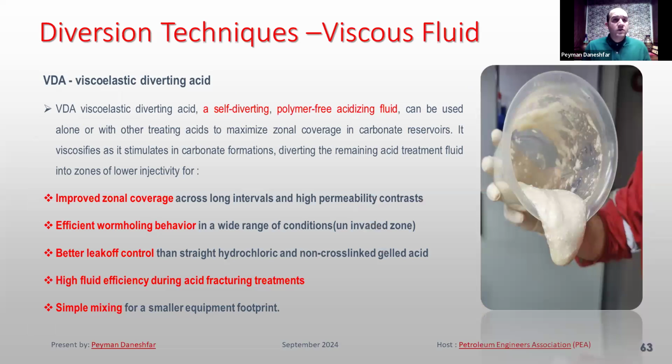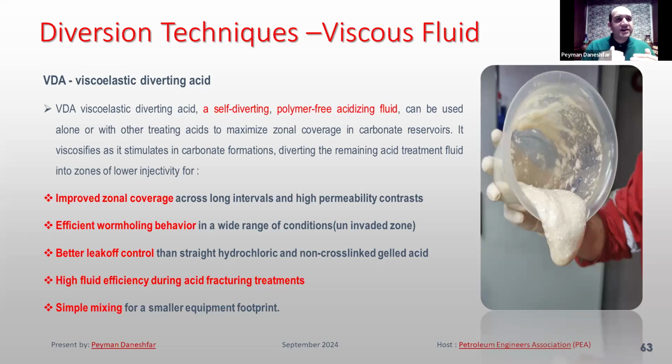Another one, now in the market, we use a lot, and it has its own price, and nowadays it is a good answer for the specialists of acidizing or stimulation: the VDA or VES. As the name says, it is a self-diverting, polymer-free acidizing fluid that can be used alone or with the treating acid to maximize zonal coverage.